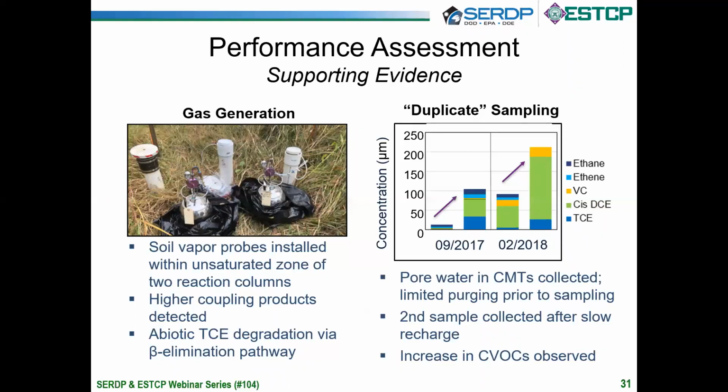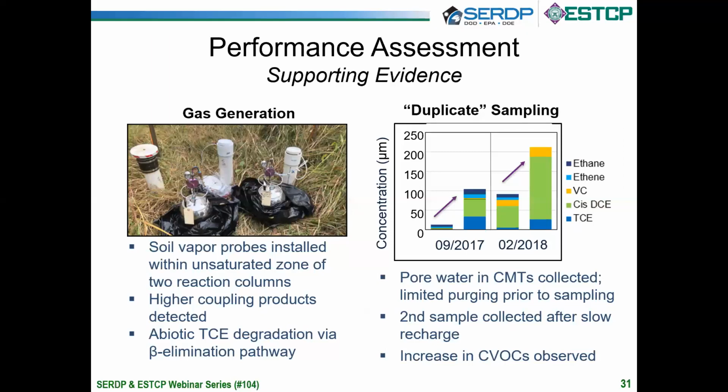Another supporting line of evidence, and we came upon this almost by accident, was duplicate sampling from the CMTs. We're sampling the pore water from these CMTs, doing only very limited purging and collecting what's in the pore space within the reaction column.